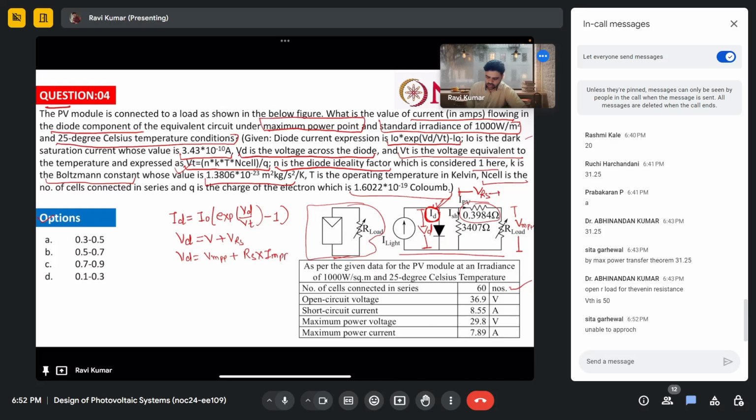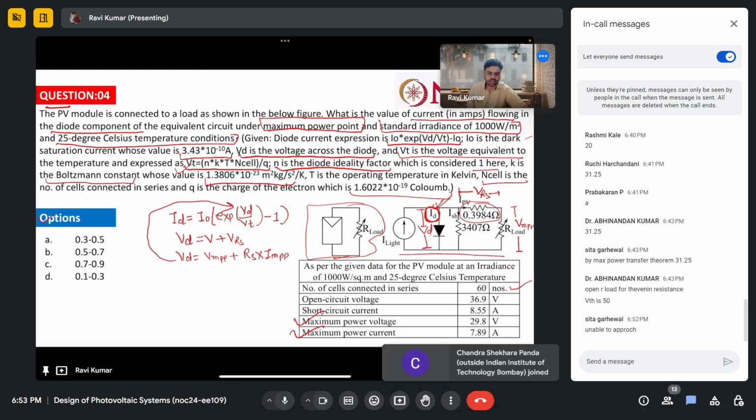RS we already have, IMPP we already have from this table, VMPP we already have. Using this, calculate VD, put this VD into the formula, and then you will get the answer. Now try.